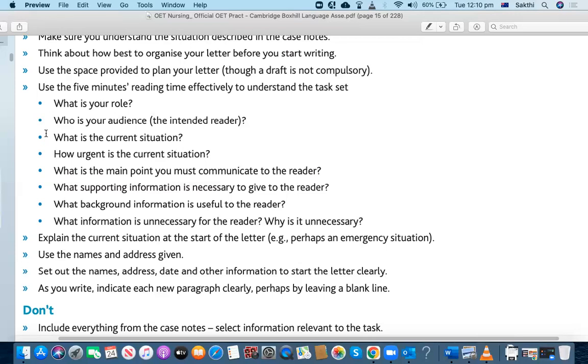The second thing is going to be the recipient. Who is going to be your recipient? For example, in some cases it could be another nurse, maybe a nurse supervisor, maybe a community nurse, maybe a nursing director, perhaps other occupations such as a doctor, an occupational therapist, or a physiotherapist, and so on.